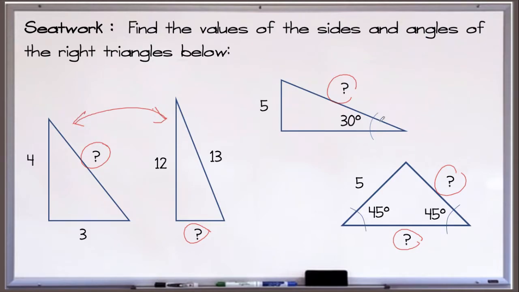And itong dalawa naman ay standard angles, very common, special angles na gagamitin natin. This is the 30 degrees and ito yung isa ay 45 degrees. Okay? So, let's start calculating or computing for the values na itong mga sides na ito.